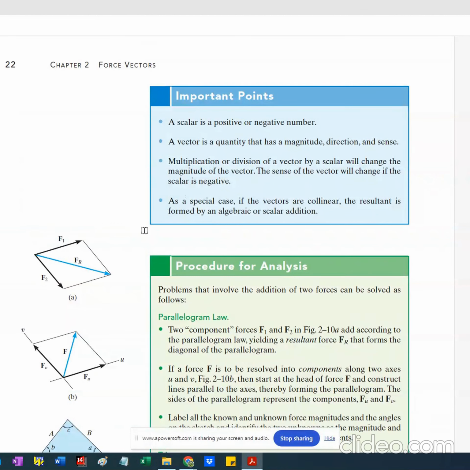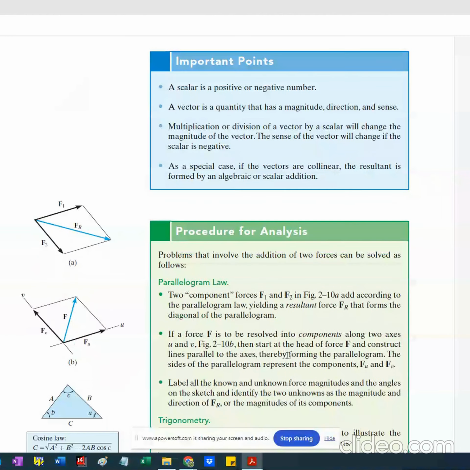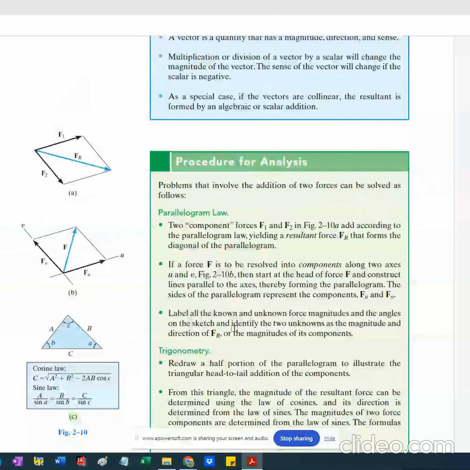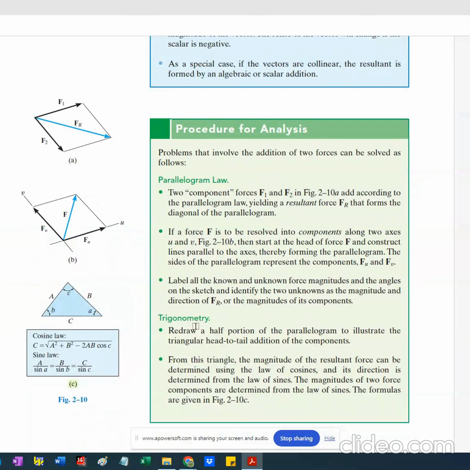Okay, so a summary of important points here, and then the procedure for the analysis. This is trigonometry, using the law of sines and law of cosines. So I warmly recommend you memorize this. It's not the first time you're seeing the law of cosines, law of sines.